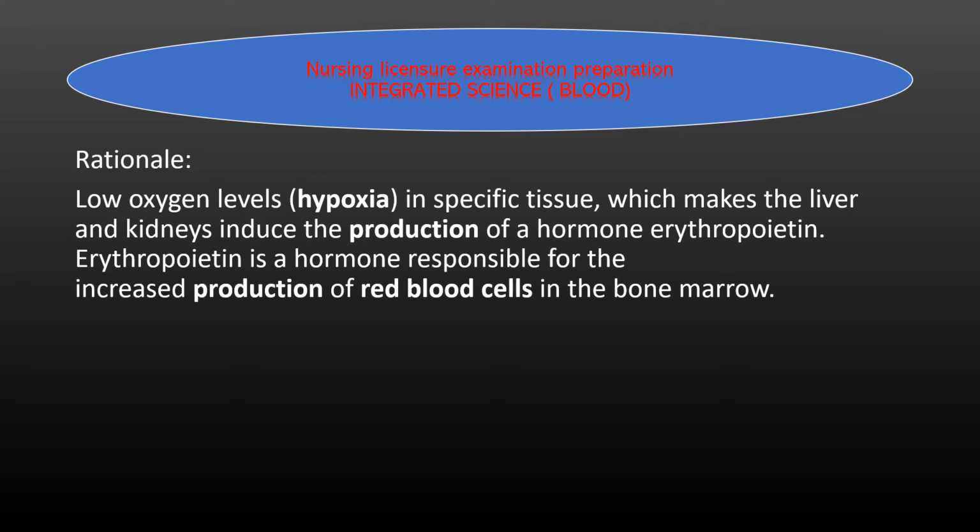Here, when there is a low oxygen level in a specific tissue, that makes the liver and kidney induce the production of a hormone, erythropoietin. Erythropoietin is a hormone responsible for the increased production of red blood cells in bone marrow. That's why hypoxia is responsible for stimulating erythropoietin in the body.